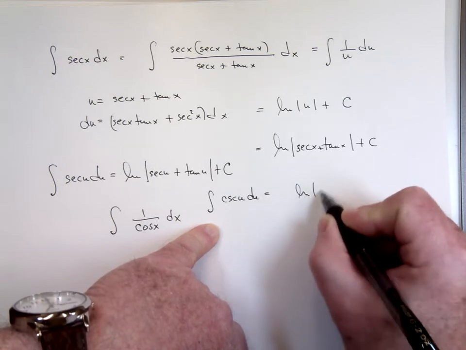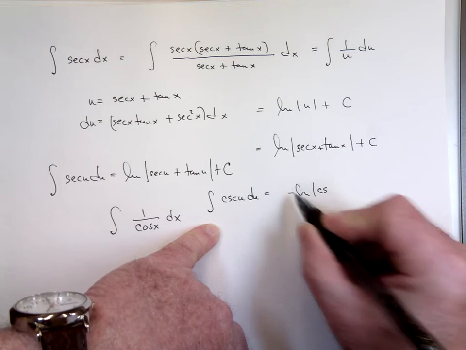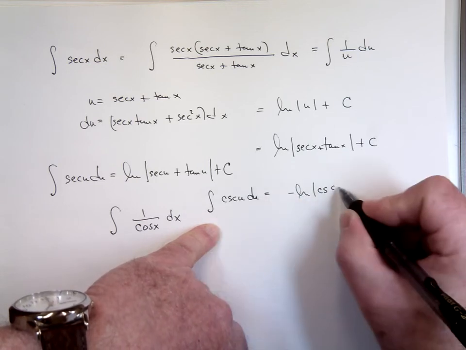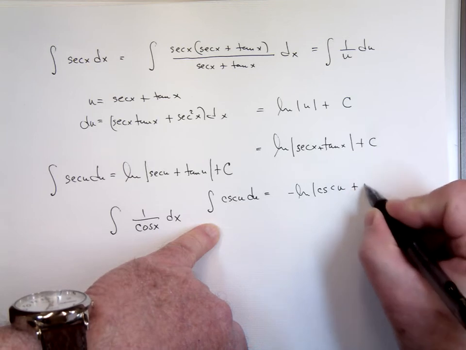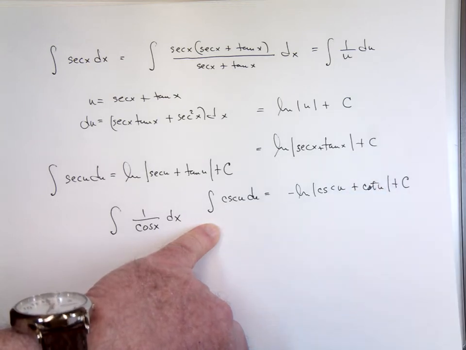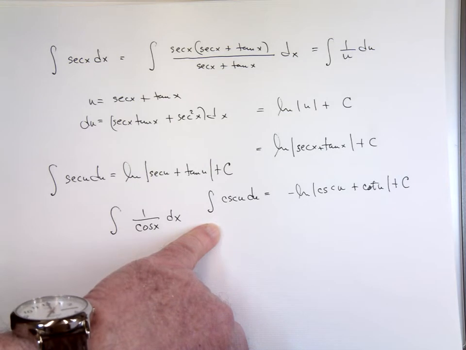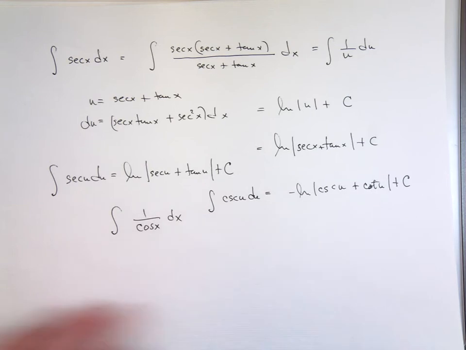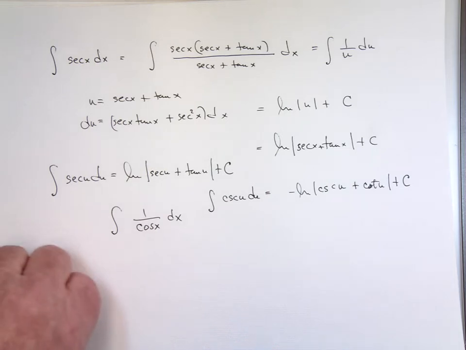Take the opposite of it and replace it with the cofunctions. That's exactly right. But I'm not going to ask you that. So, integral of tangent, negative natural log cosine. Integral of secant, natural log of secant plus tan. You should know those two. Those are two additional integrals that we have.